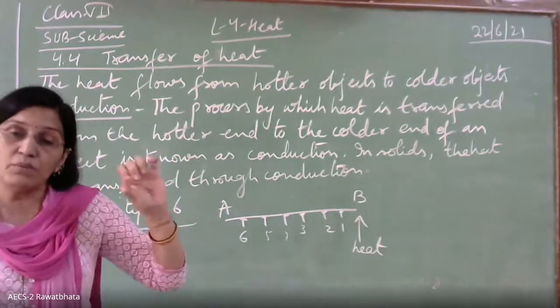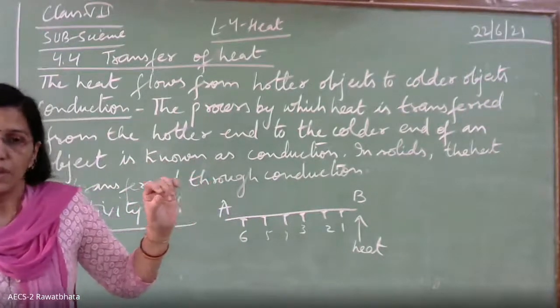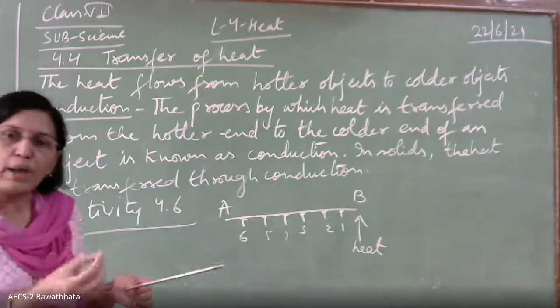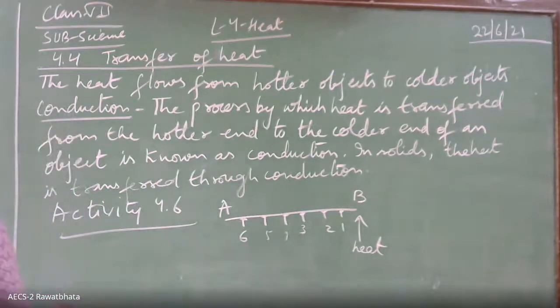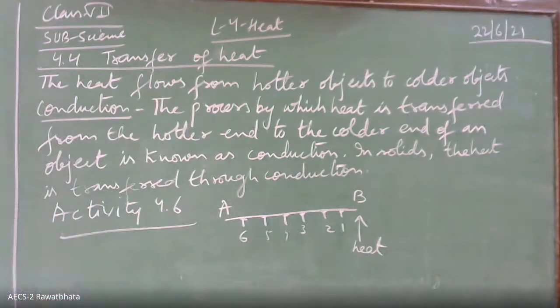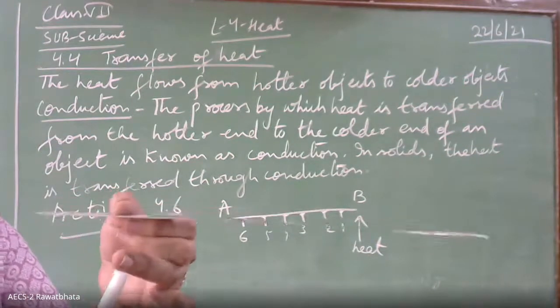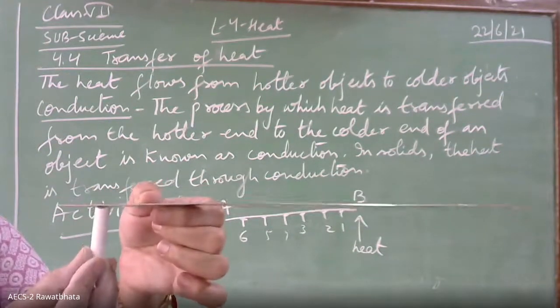This aluminium hollow rod, you can use that also. And on that, with the help of wax, you can attach the nails this way, using some wax at the back of the nail.